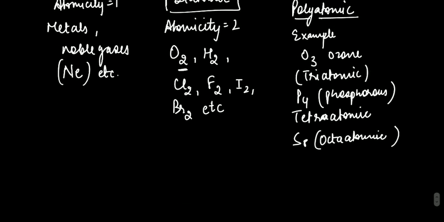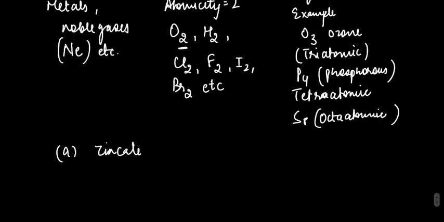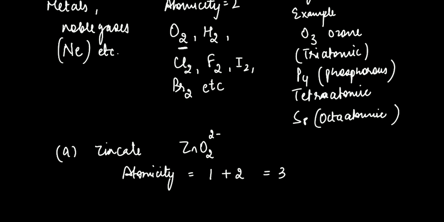Now I'll be taking the first part, zincate. If you can see the previous charts which I have given, that is ZnO2 with the 2 minus charge. Now the atomicity of zincate is going to be what? We can see from the formula there is one zinc atom. Oxygen, 2 atoms are there. If you add it up, this will give you atomicity 3.